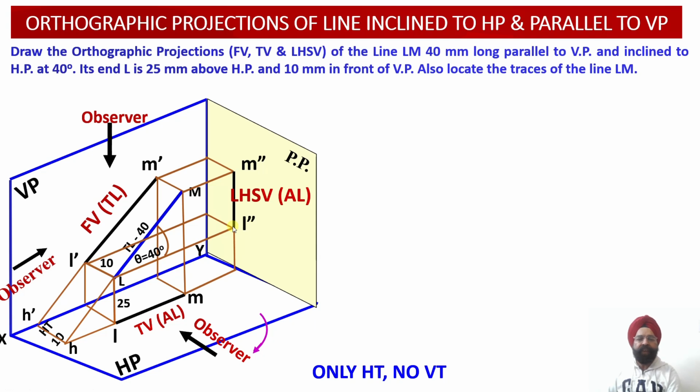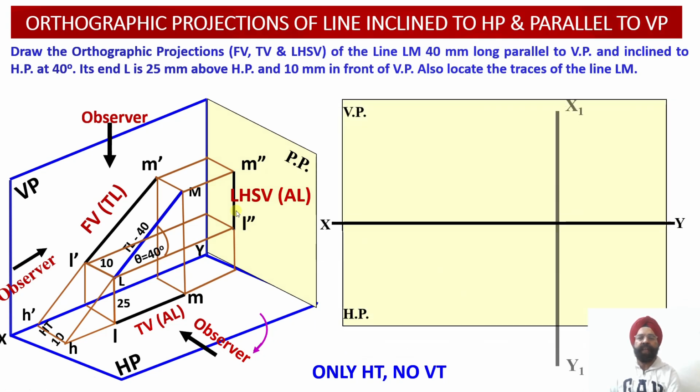And finally we are required to draw these 2 projection lines so that we can establish the interrelationship between the top view projections corresponding to the points L and M and the side view projections corresponding to the points L and M in the side view. So this way we have been able to establish the relationship between front view projections, top view projections and the left hand side view projections in the 3D spatial environment over here.